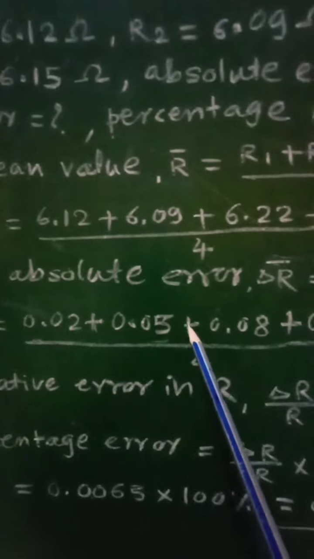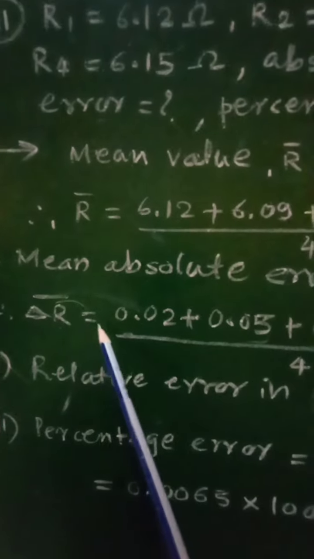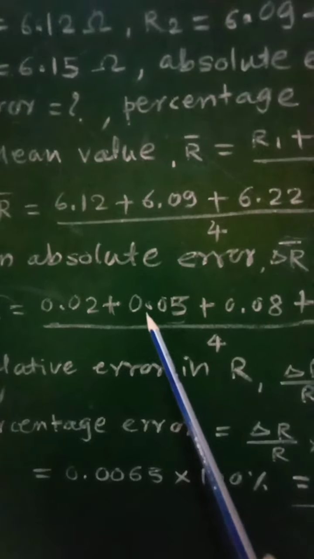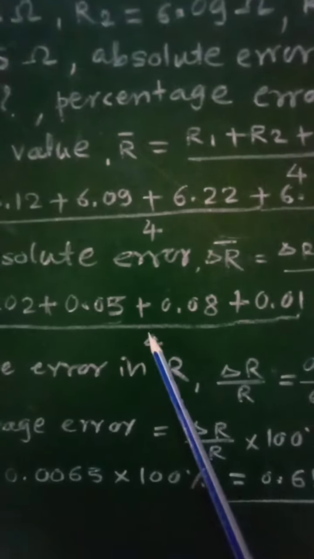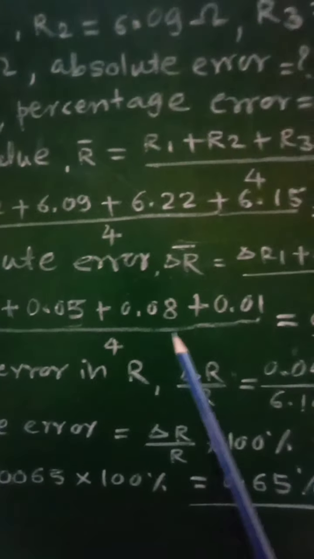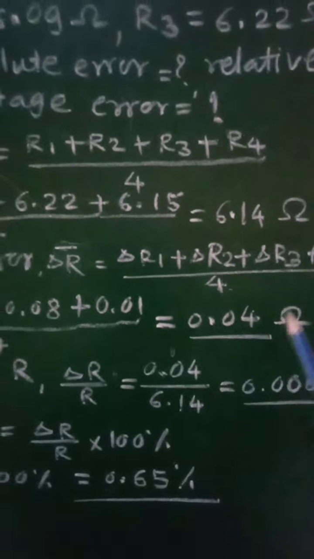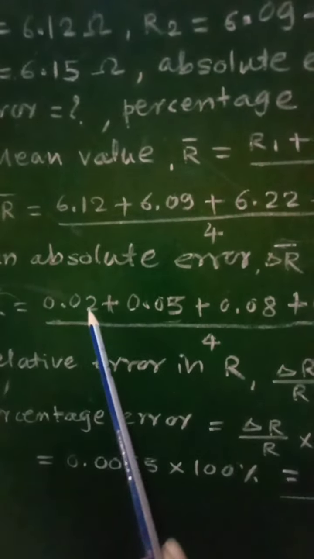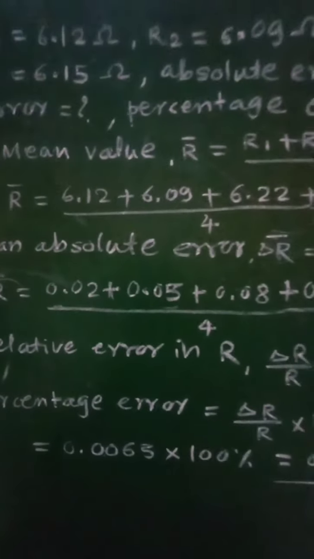Similarly, for all other resistances, delta R will be found, and therefore delta R bar will be equal to 0.02 plus 0.05 plus 0.08 plus 0.01 upon 4, and therefore mean absolute error will be equal to 0.04 ohm. So these values are the absolute errors present in the 4 values of resistances, which we will get by subtracting all these 4 readings from the mean resistance.